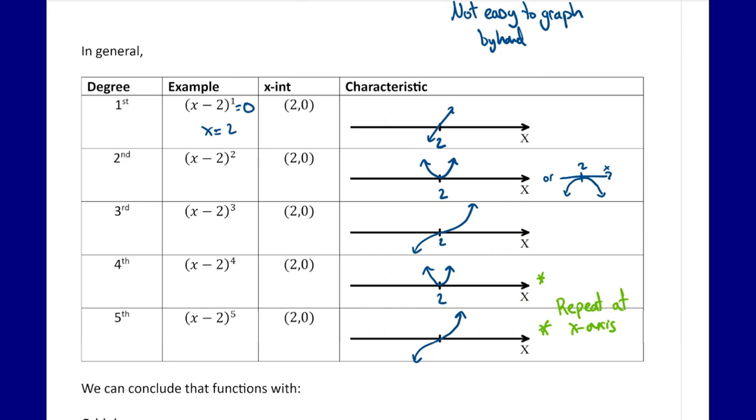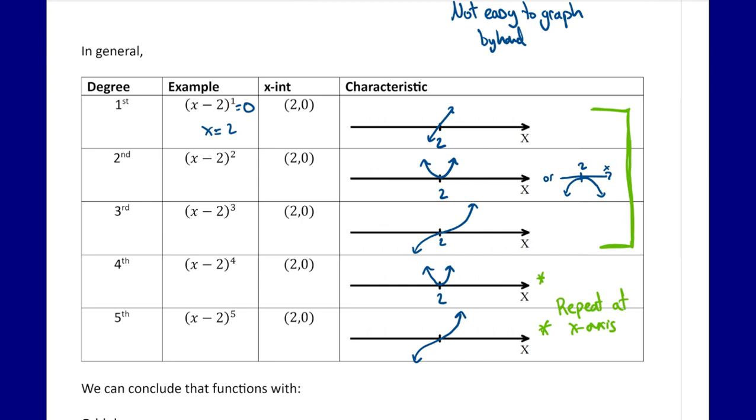So realistically, we only really need to focus on, or know, or memorize, you could say, these 3 different shapes. Degree 1 crossing like a line, degree 2 crossing like a parabola, and degree 3 crossing in an S shape.